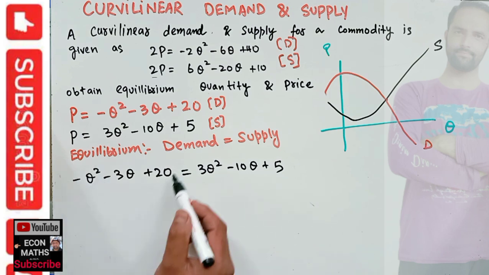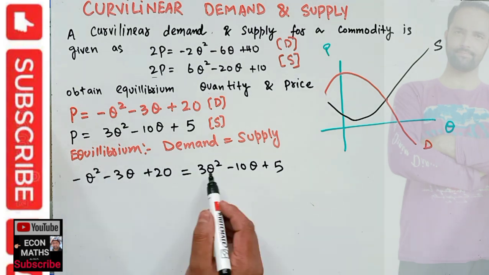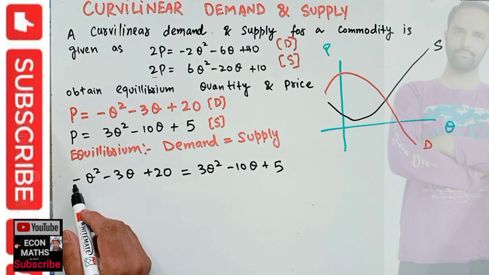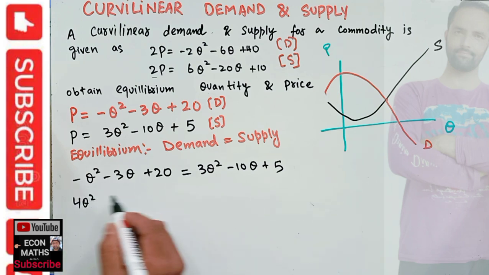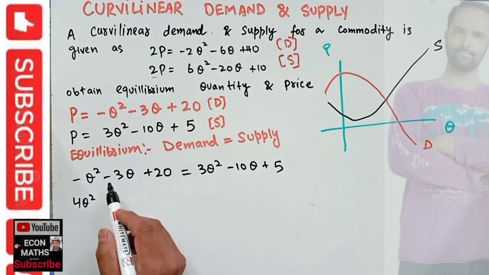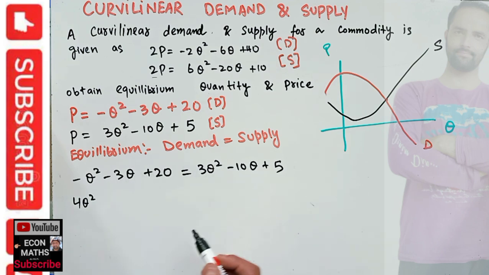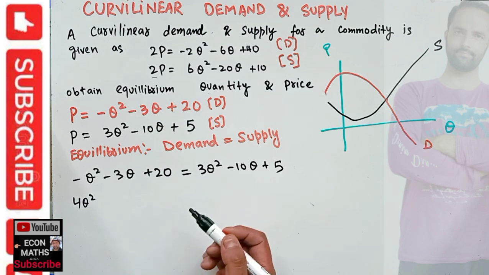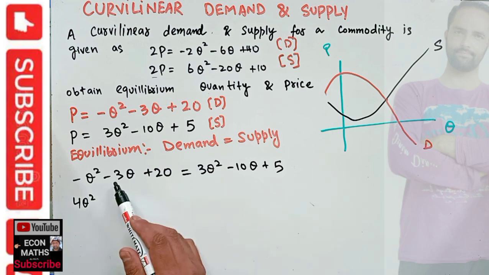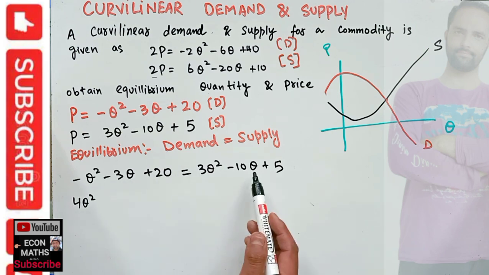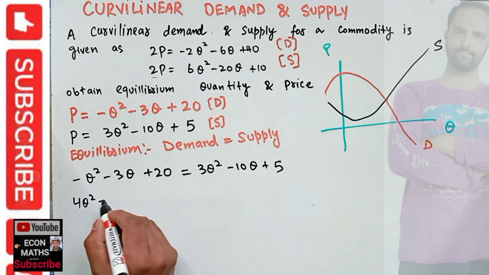Let's transpose each term to the right-hand side. So 3q² becomes positive, so it becomes 4q². Then we have -10q, transposing this, it will become plus 3q, so it is -7q.